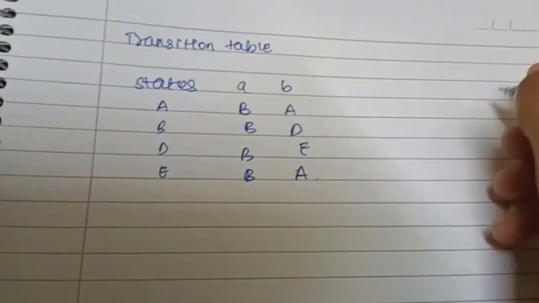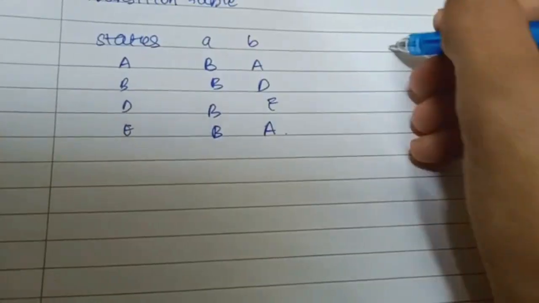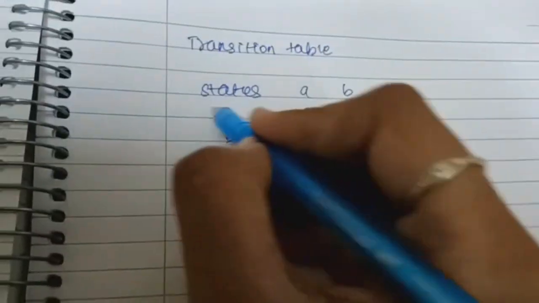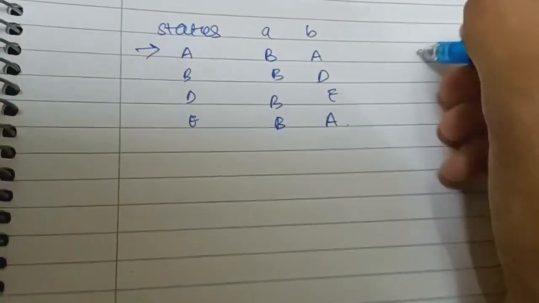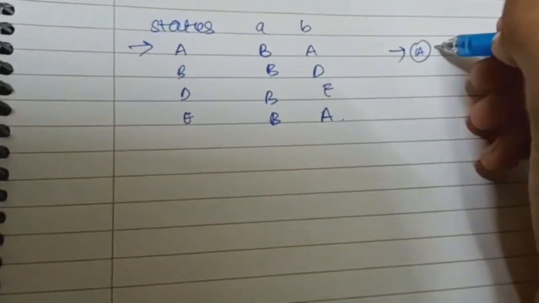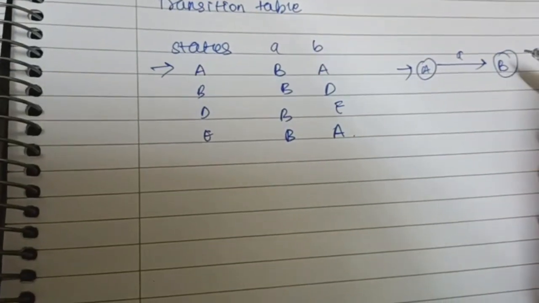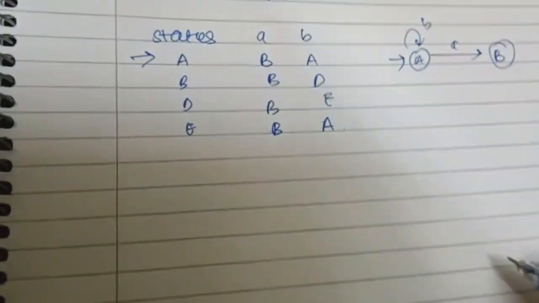So when you construct an optimized DFA, I'll start with the initial state, that is A. A is my initial state. With input A I can transit to B, and with input B I can transit to A itself.